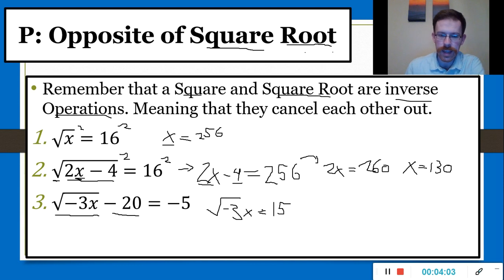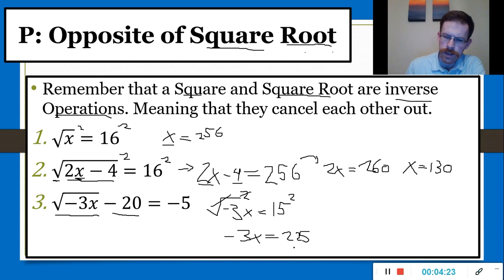So the square root of negative 3x is equal to 15. And so, once again, the opposite of this root is a square. So negative 3x is equal to 15 squared, because a square root and a square cancel each other out. That's 225.